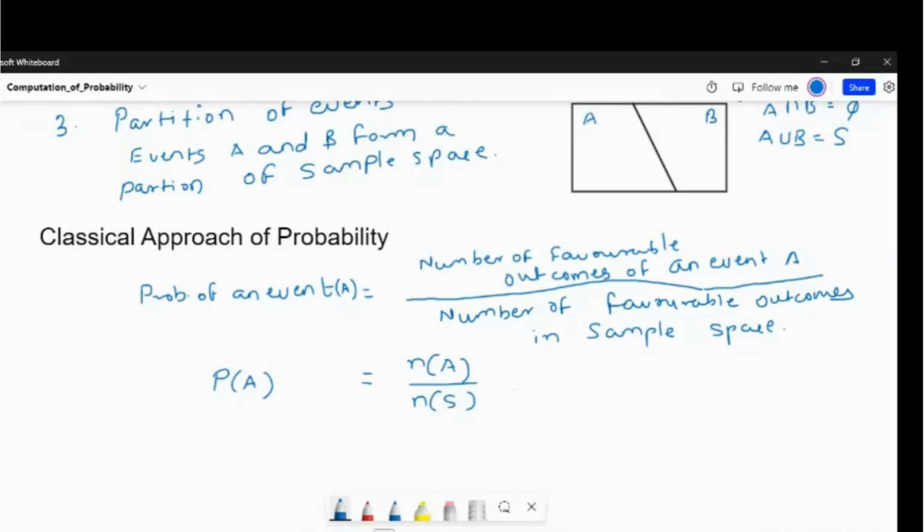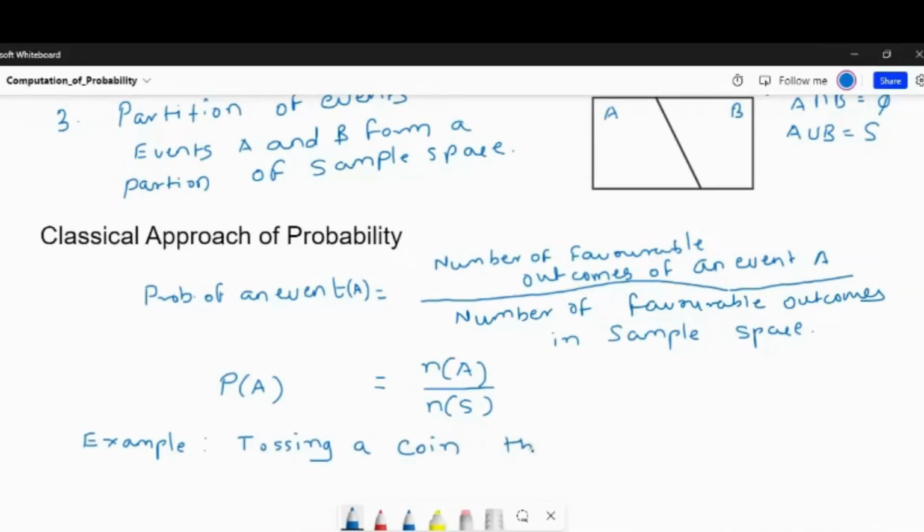So here we can take one example. Suppose the random experiment is tossing a coin. Then what is the probability of A, where I denote A as getting a head?